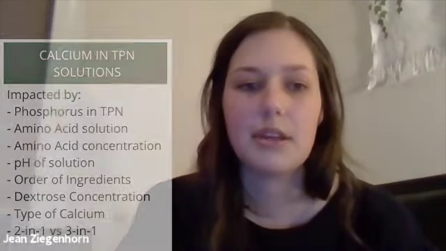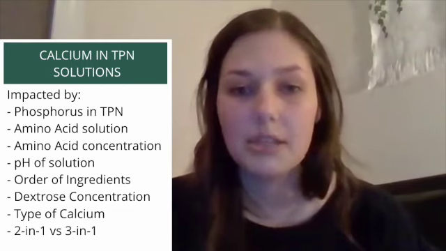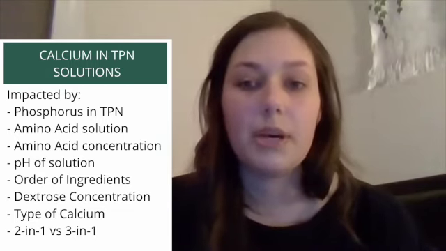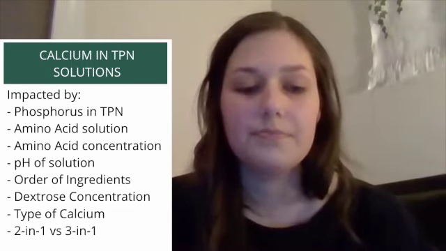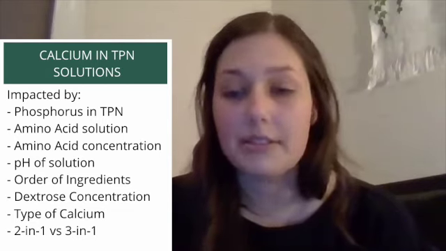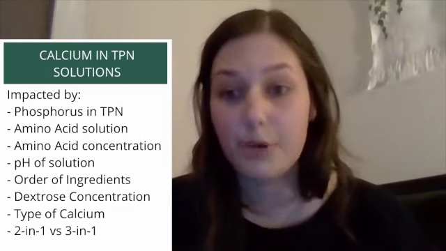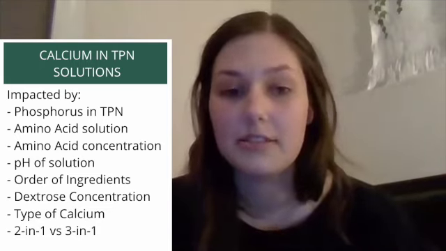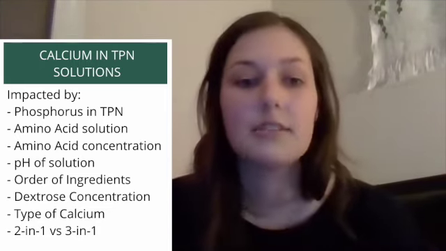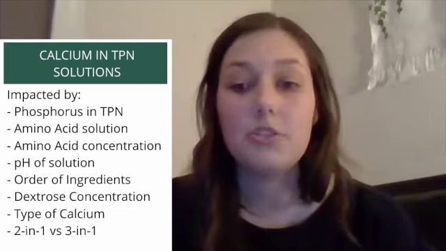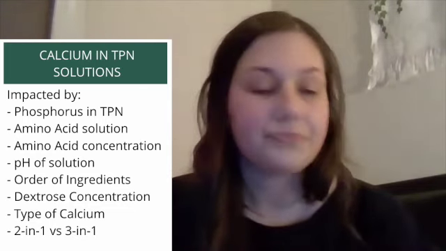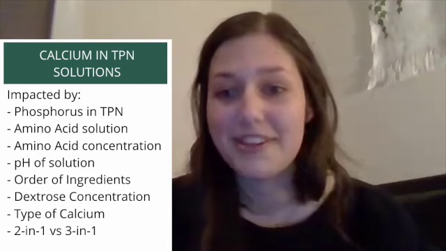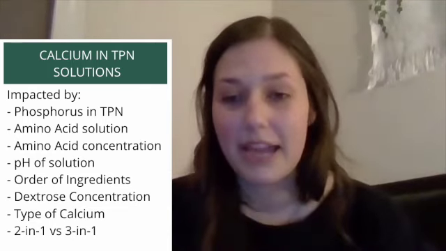So that includes calcium and phosphorus solubility, which is affected by the amino acid solution that you're using. So the brand, the concentration of amino acids, the amount of the amino acids. It'll depend on the pH of your solution. It actually also depends on the order of ingredients that you add to the TPN.